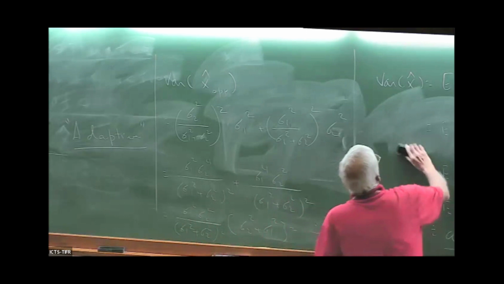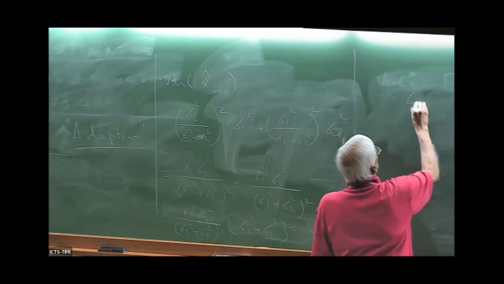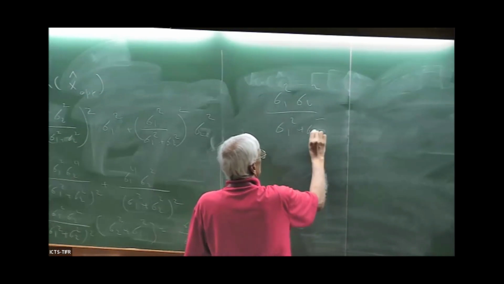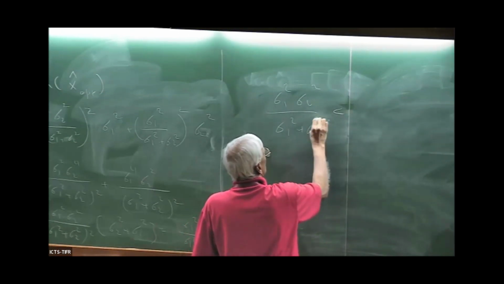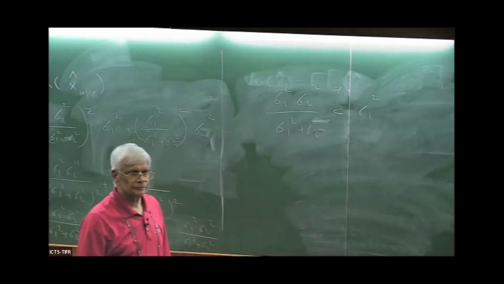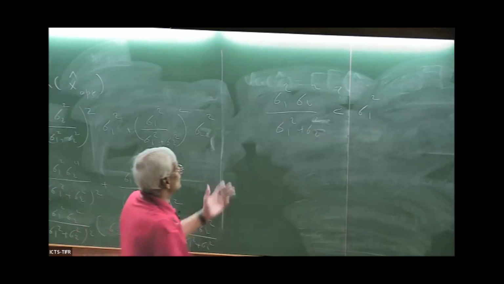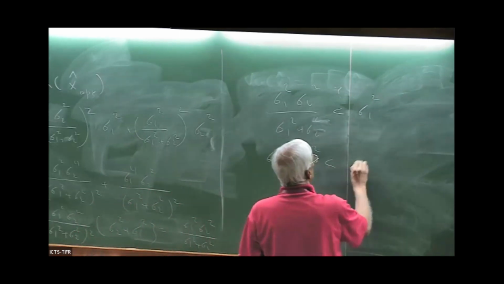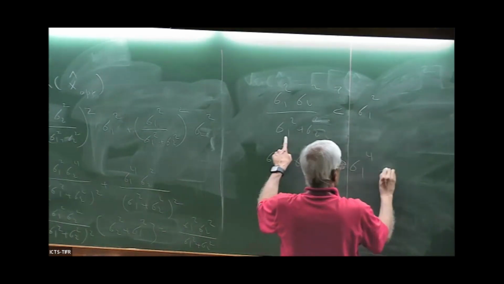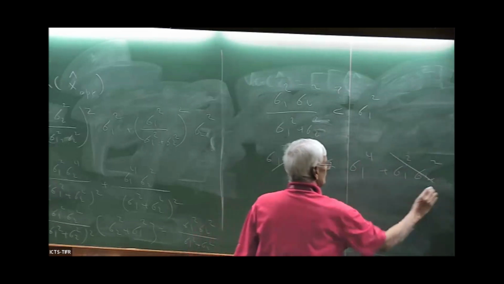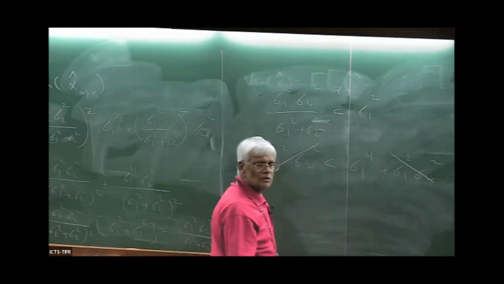We are not done. There's one more aha yet to come. Sigma 1 square, sigma 2 square over sigma 1 square plus sigma 2 square. I want to ask, is this less than sigma 1 square? You multiply: sigma 1 square, sigma 2 square is less than sigma 1 to the power 4 plus sigma 1 square, sigma 2 square. These two get cancelled. Sigma 1 to the power 4 is always positive.